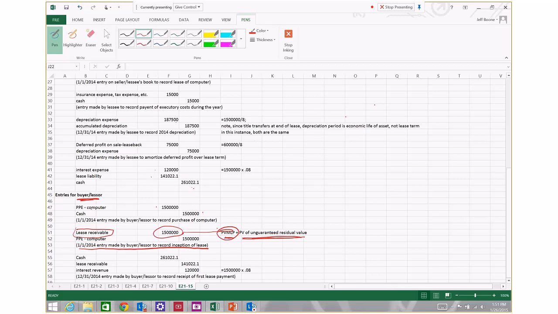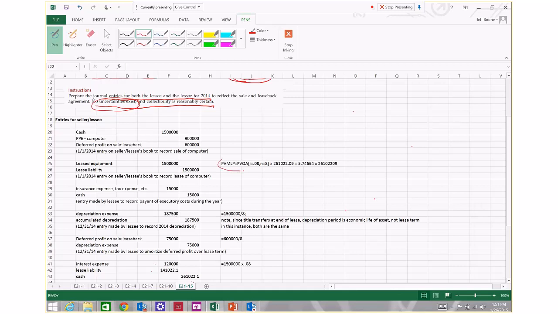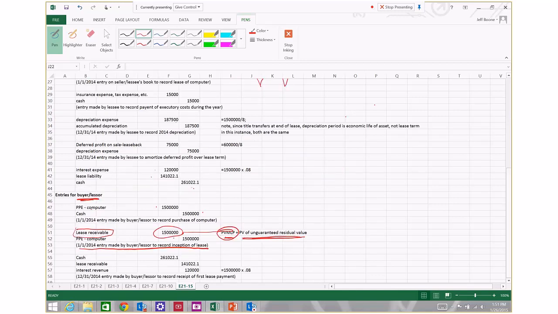And the present value of the minimum lease payments for them is calculated the same way it was up here by the lessee. You take the present value of an ordinary annuity factor, multiply it times the recurring rental payment amount, and the result is the present value of the minimum lease payment. So that turns out to be $1.5 million.